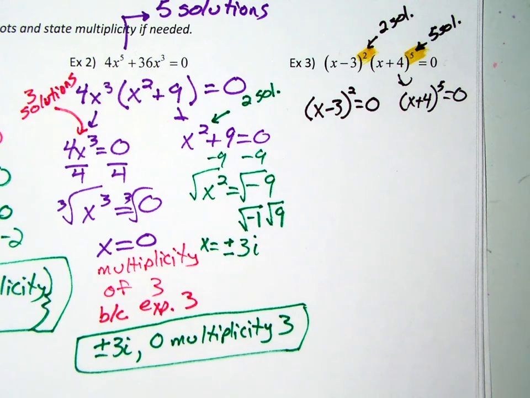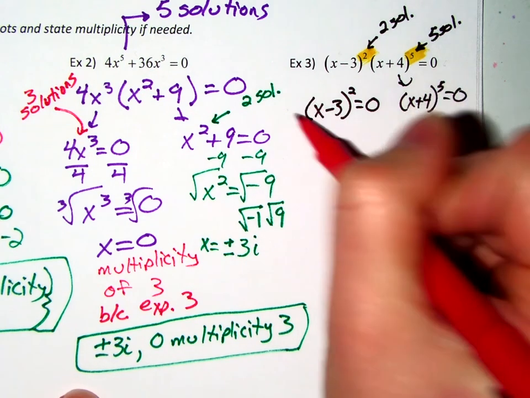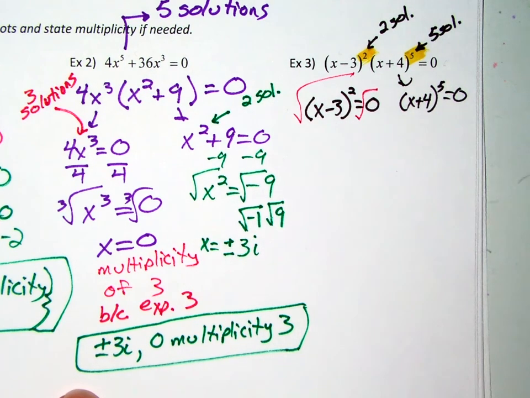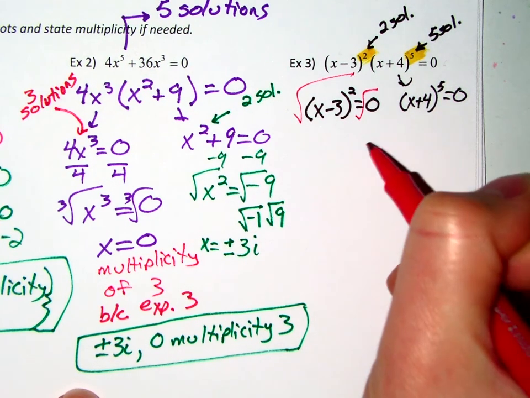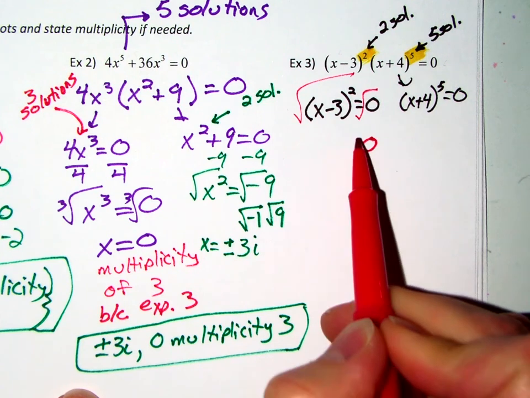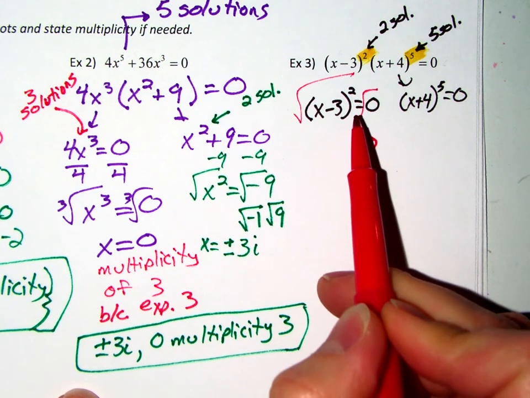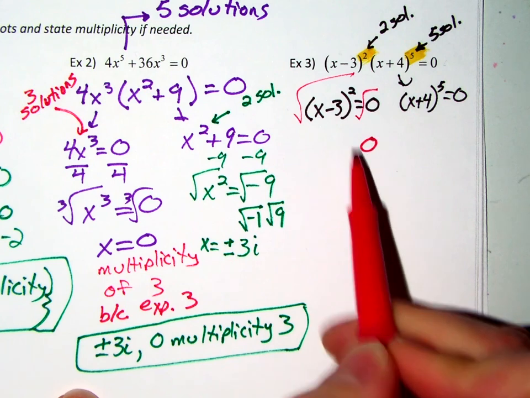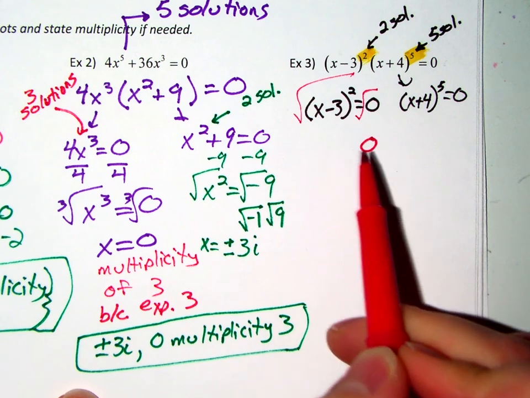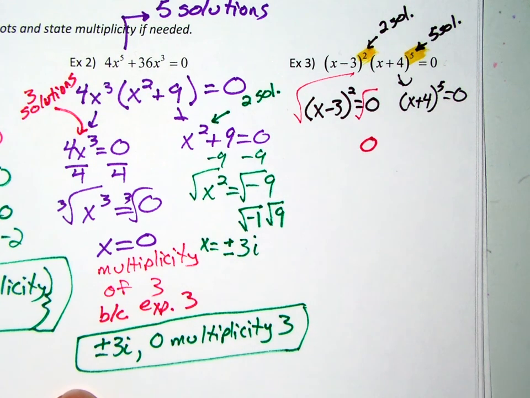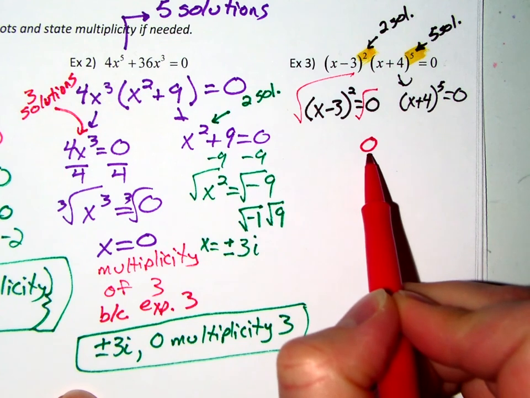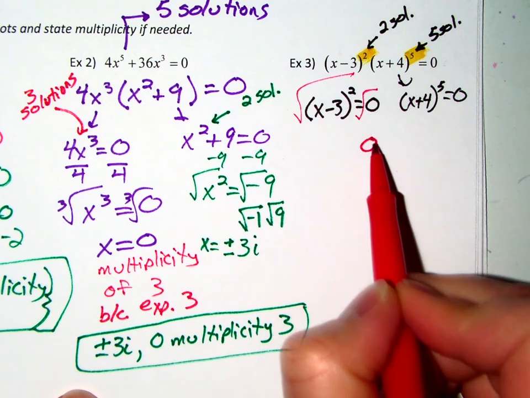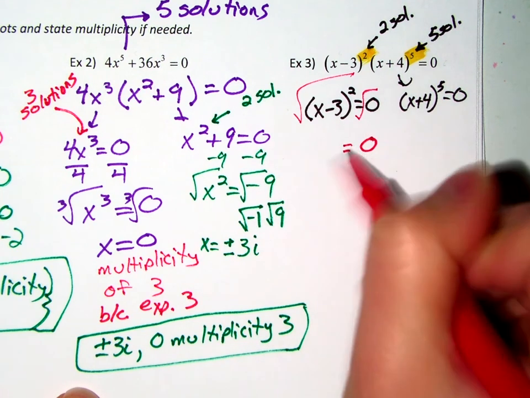So on the first one, we need to get rid of the square by taking the square root. Well, the square root of 0 is just 0. Normally we would say it's positive or negative because it's an even root that we're taking, so we need to remember that we have the positive or negative here. Unfortunately, 0 doesn't have a positive or negative, so I can just say that it's 0, but I need to remember that there are 2 zeros as a solution for that piece.